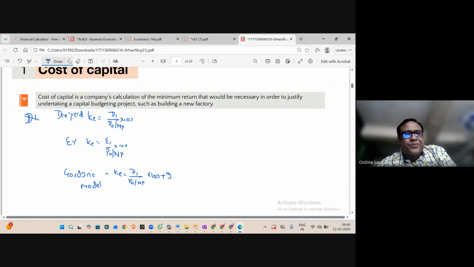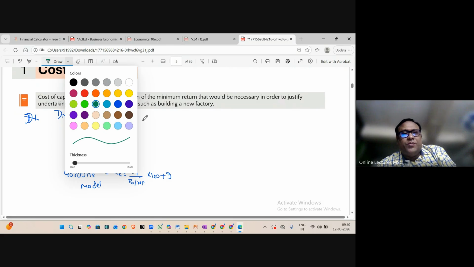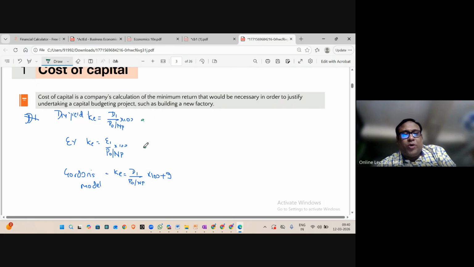Ideally, the current value P0 should be dependent on some kind of future fundamental. It could be dividend, it could be earnings, it could be dividend and the growth in dividend.